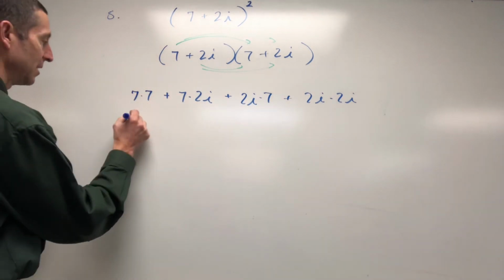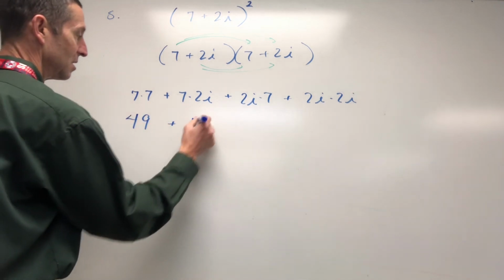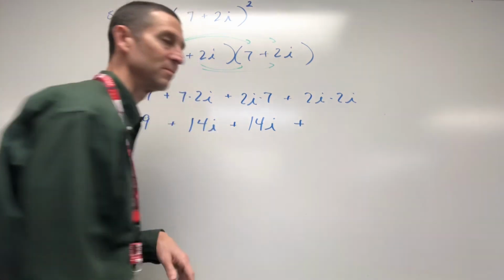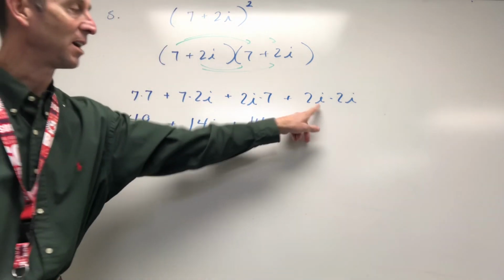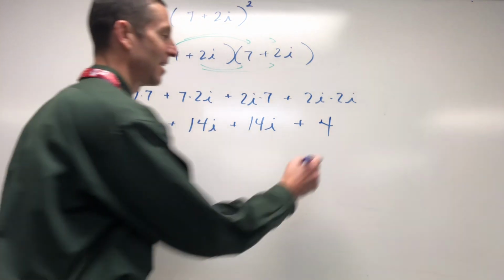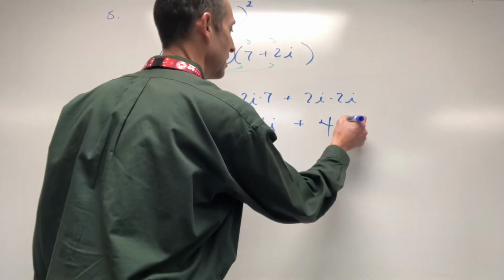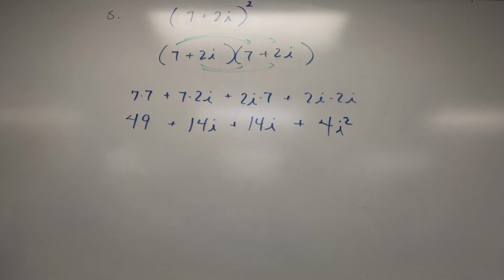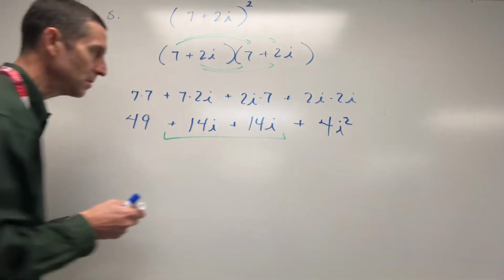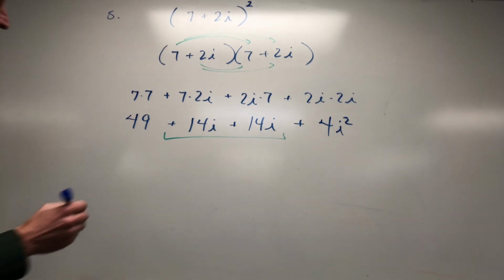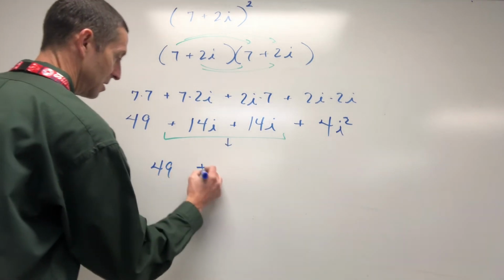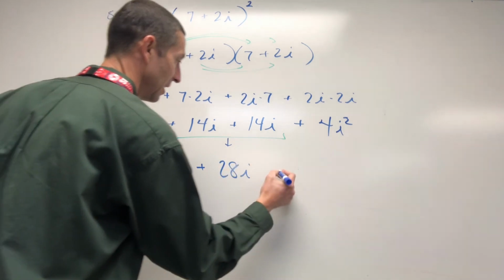Clean up the mess. 49 plus 49. Oh, we're at it again. 2 times 2 gives me the 4. I times I gives me the I squared. Oh yeah. Let's do some like terms right here in the middle. 14i and 14i. Okay. So that is 28i.